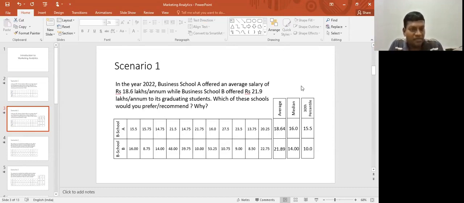A minimum of 30 are behind you, a maximum of 70 are ahead of you. That is what you understand by 30th percentile. So your median is in fact the 50th percentile. When you say median, it would mean 50% of the people are behind you, 50% are ahead of you.